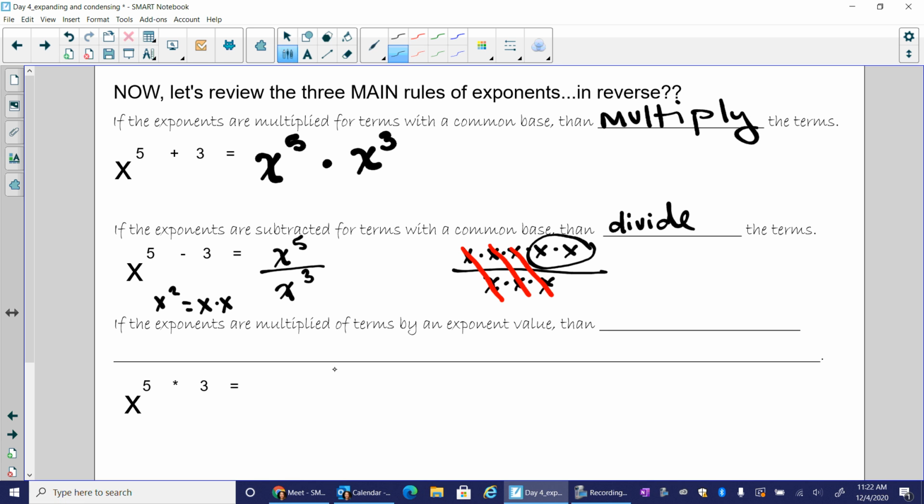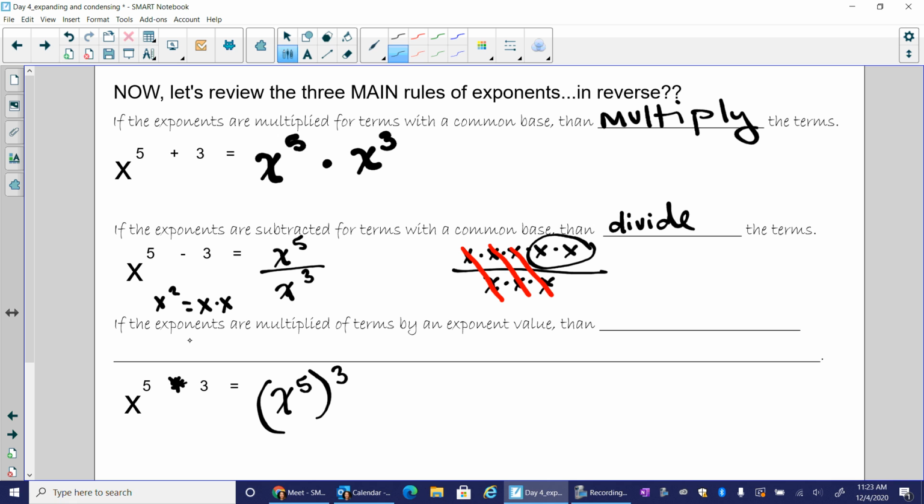And then we have one more rule to investigate, and that's if the exponents are being multiplied. That is a multiplication symbol there. So that means originally I had a base of x to the fifth being raised to another power.